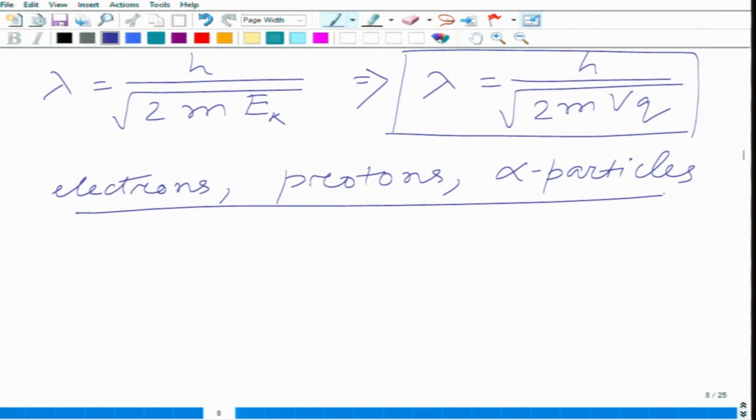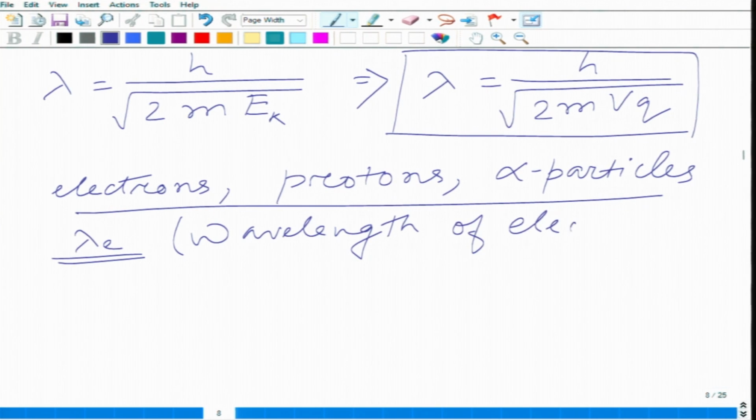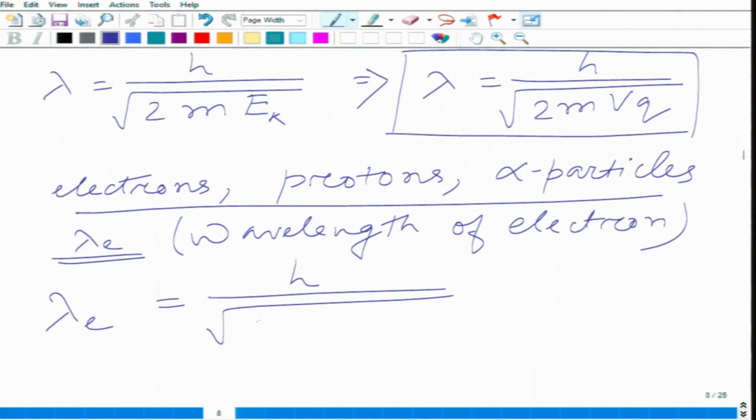So, now we will calculate the wavelength of electron, that is lambda E. So, lambda E will be equal to h by root over 2 me V QE.